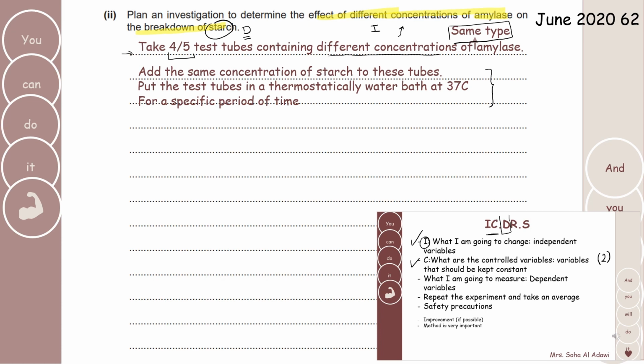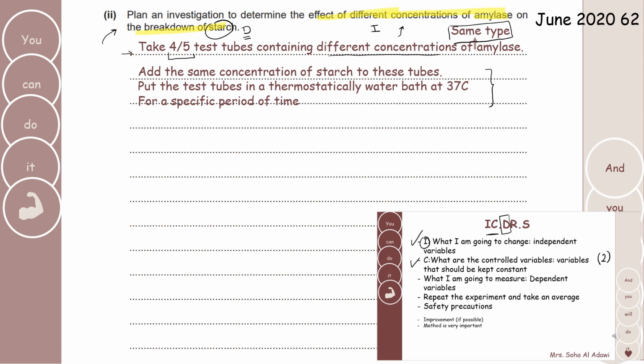Now, we are going to tell them how we are going to measure the dependent variable, how we are going to measure the amount of broken down starch. Okay, so think about it. If you have starch and the starch is broken down, how do you know that the digestion of starch takes place?